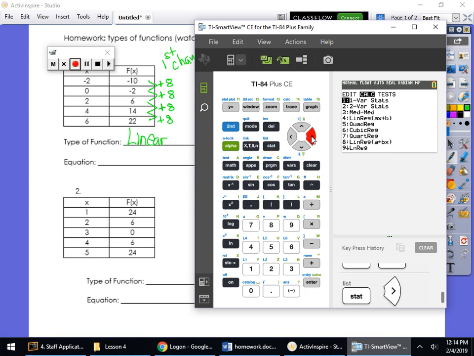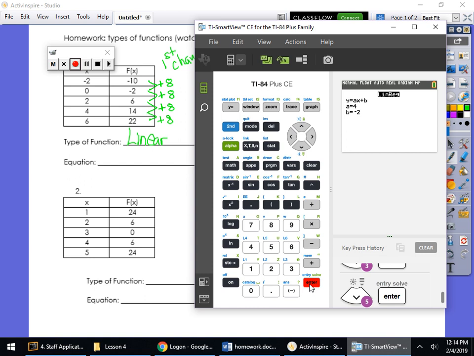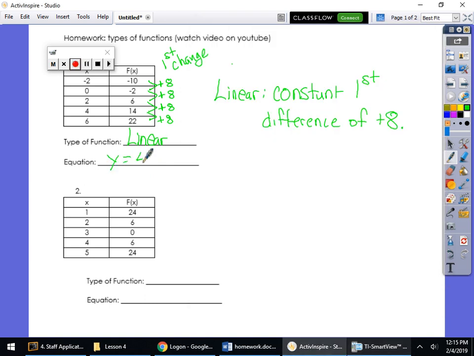Since we said it's linear, we want number 4 because that's our linear regression. Enter, list 1, list 2, and now we can calculate, and it tells us y equals 4x minus 2. So we can type in our equation, which will be y equals 4x minus 2.